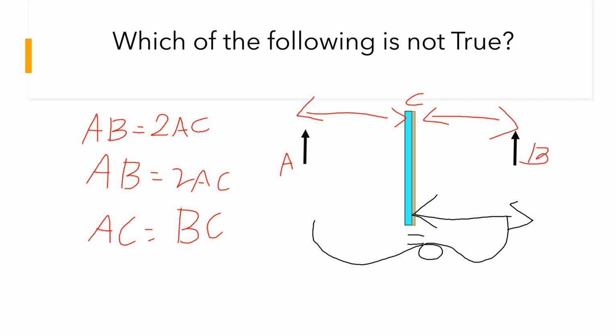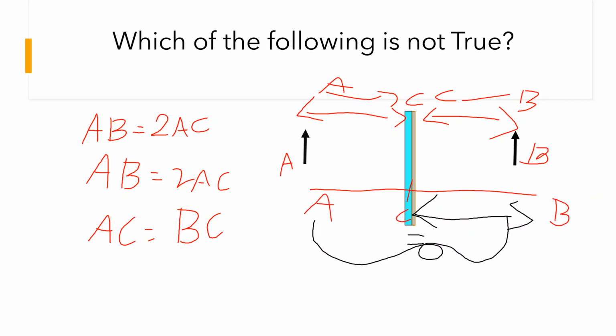So as AC is equal to BC, AC plus BC is equal to AB. You can see that by the representation. If I draw a line, this is C, A, B. Yes, that is true. So what they gave is true.